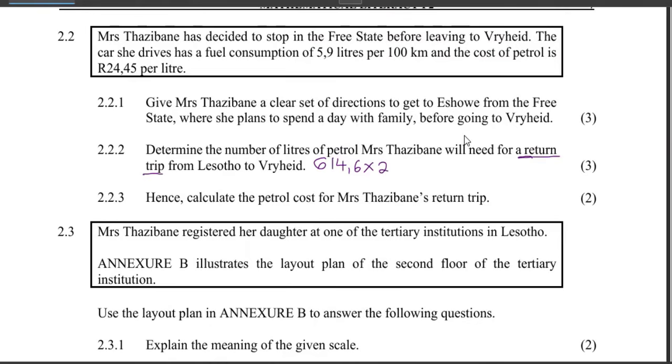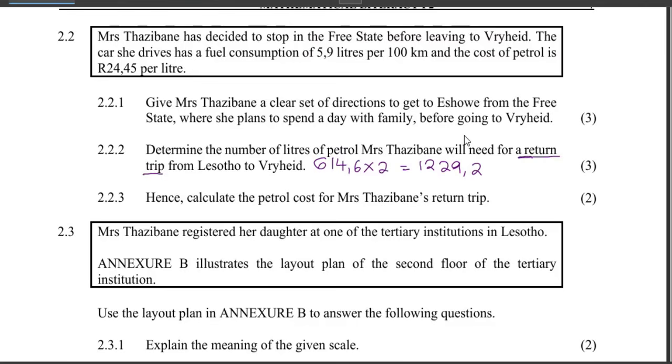We get the answer, which is 1,229.2 kilometers. Now, we are not interested in this. We are interested in the number of liters of petrol.